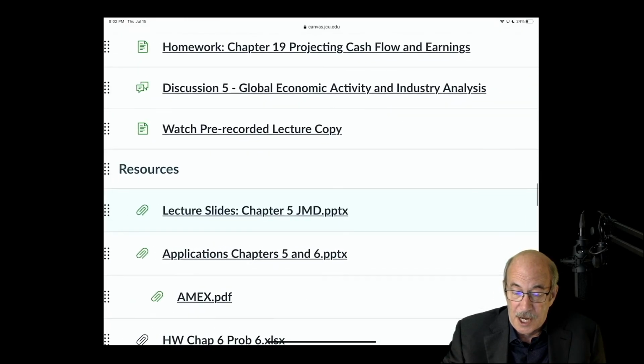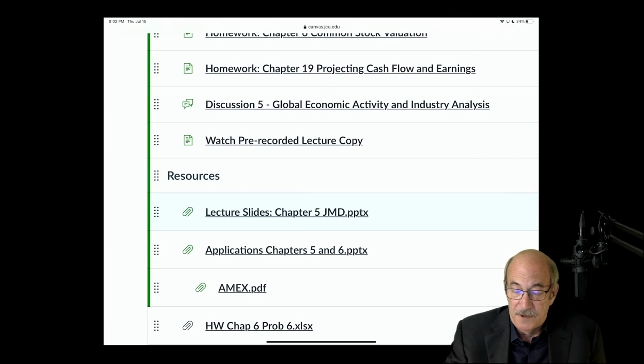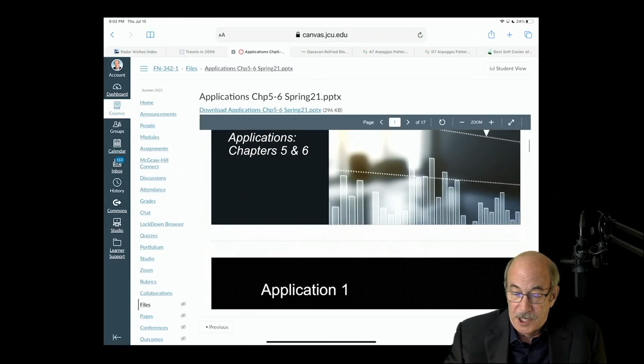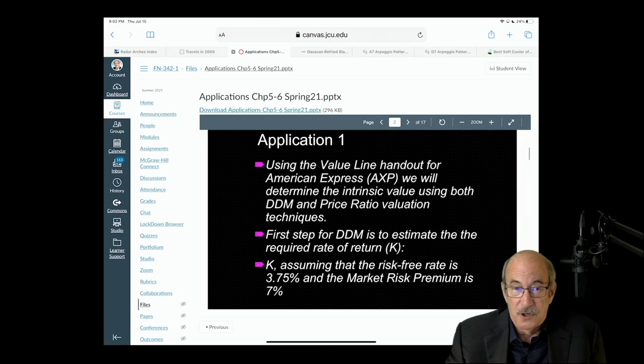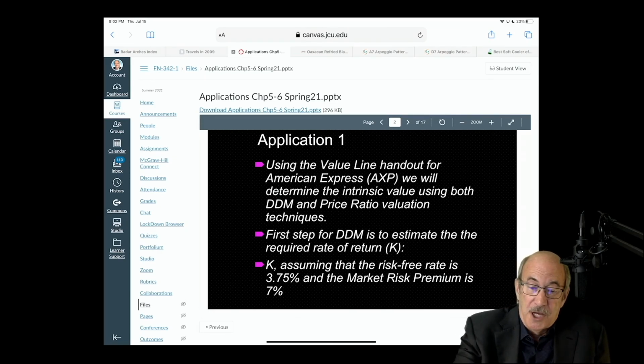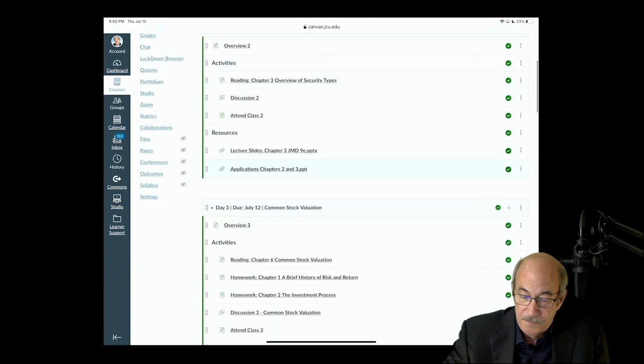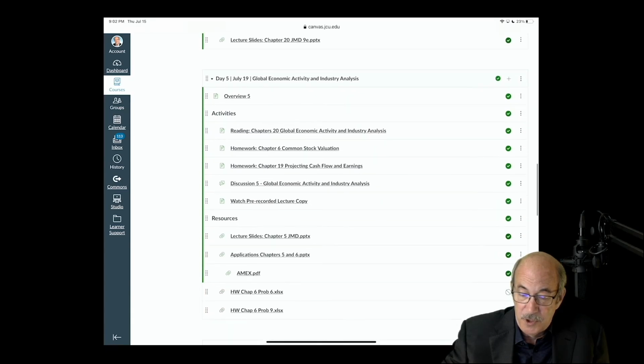Here are the applications for chapters 5 and 6. So when you go in there, what you're going to find is you're going to be using the Value Line page. And this particular one is for American Express. That Value Line page is available right over here in that same resource section.